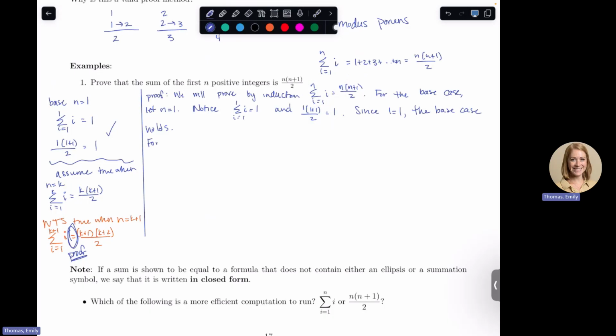For the inductive hypothesis, assume for some k greater than or equal to our base case, so greater than or equal to 1, that the sum from i equals 1 to k of i is k times k plus 1 over 2.